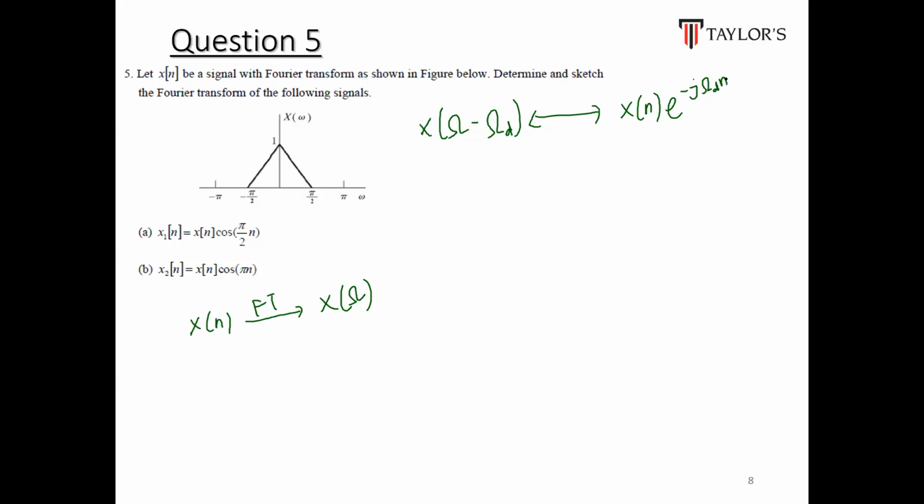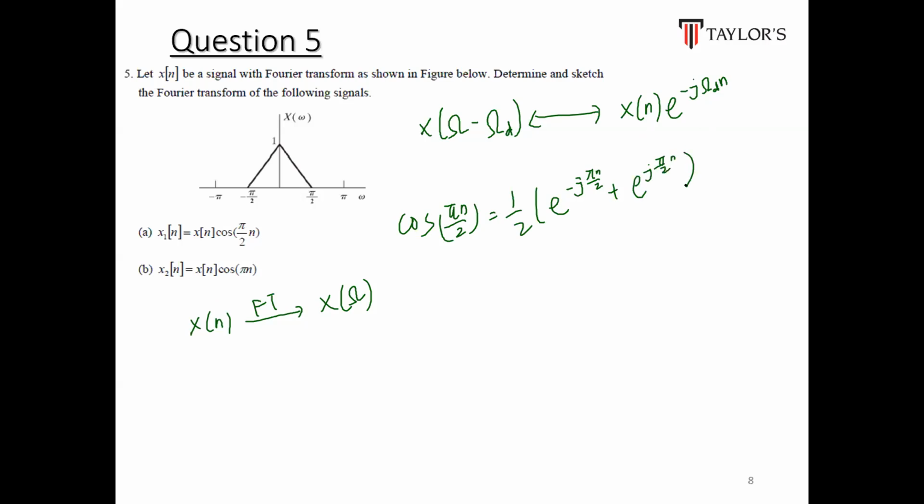Now how do I change cosine to this? Can I use the Euler formula again? I always like to use the Euler formula. So cosine of pi n over 2 equals half of e to the negative j pi n over 2 plus e to the positive j pi n over 2.